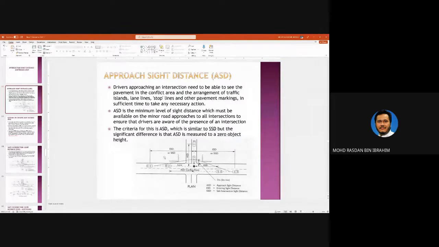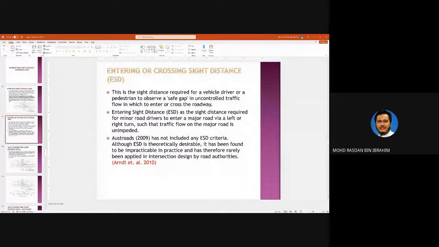So the distance is ESD over here. But Austroads 2009 has not included any ESD because it is found to be impracticable. Meaning it is only in theory.